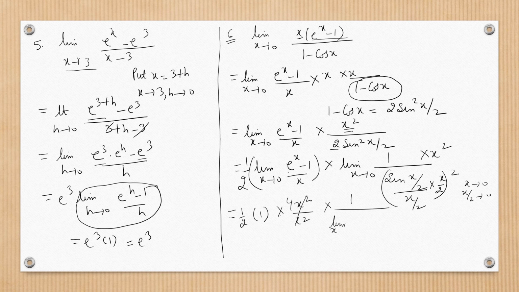So in the denominator it will be something like this, sine x by 2 upon x by 2 whole square. Okay, so it is again 1 square, so that means this result is 1 by 2 into 4, that is 2.